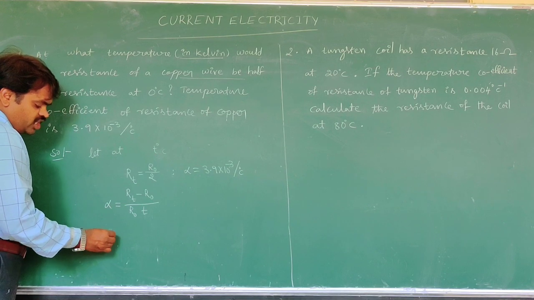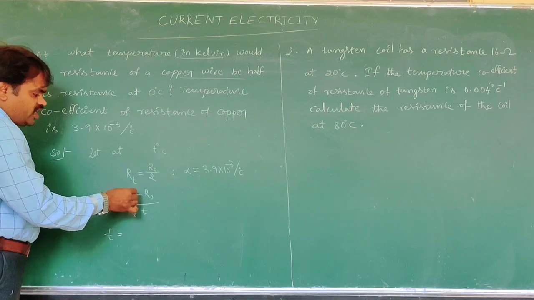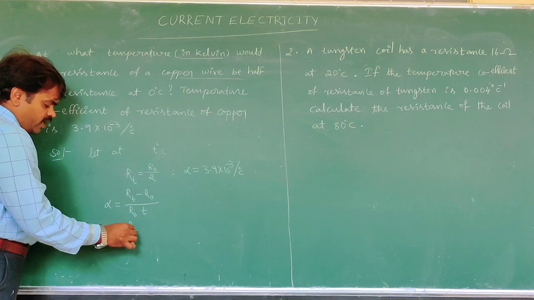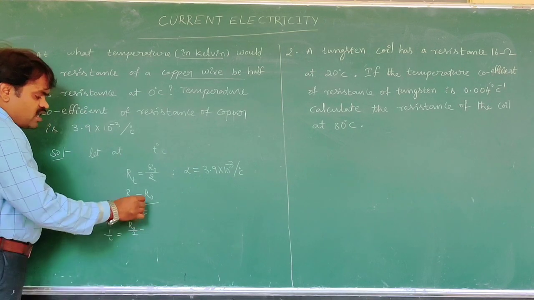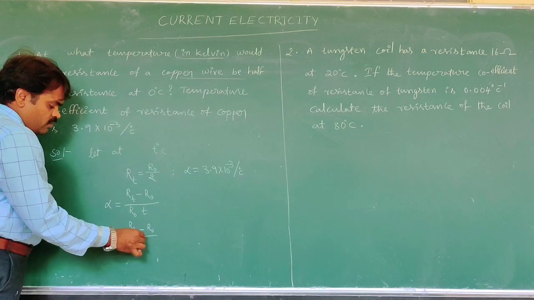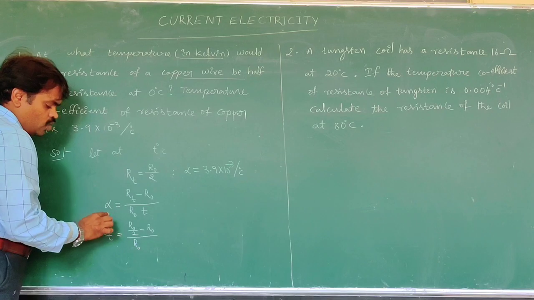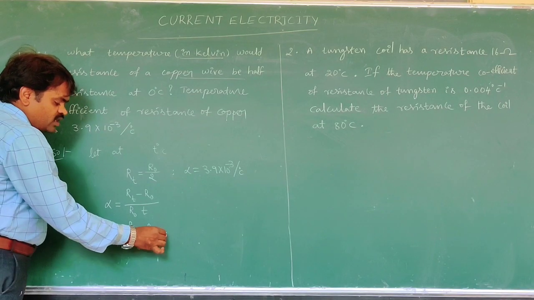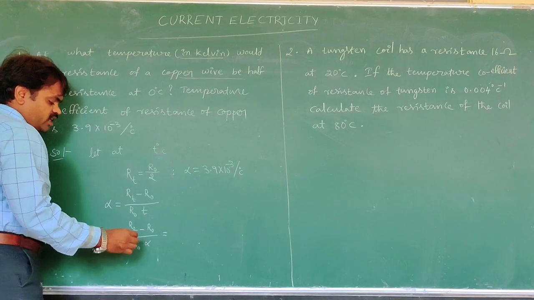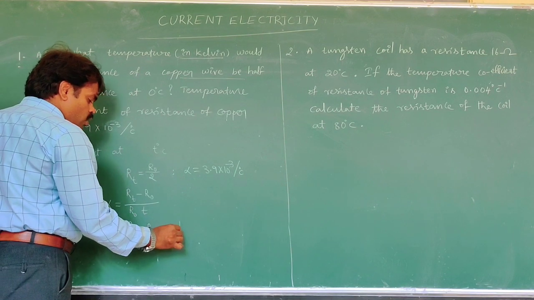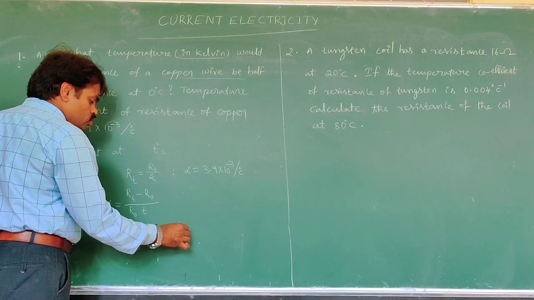That is why T is equal to RT, which is R0 by 2, minus R0, by R0 into alpha. Here it is subtracted, what do you get? Minus 1 by 2 into alpha.